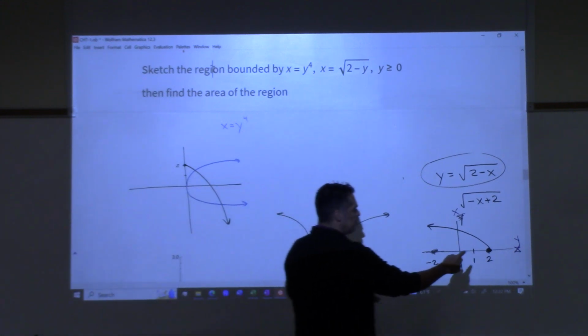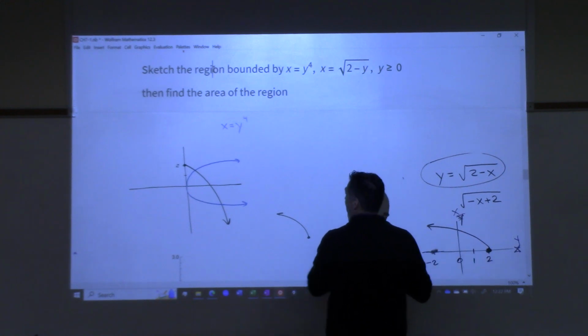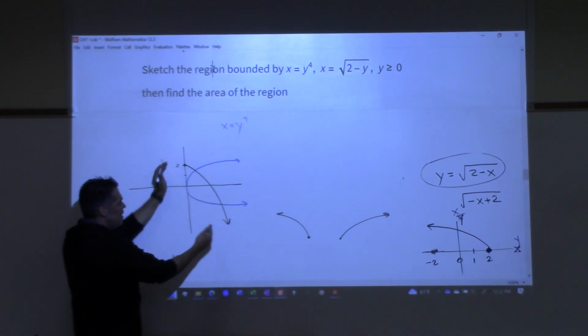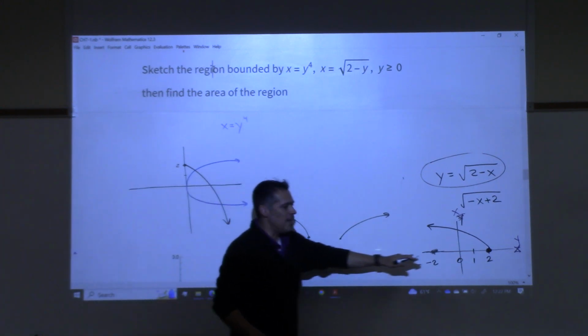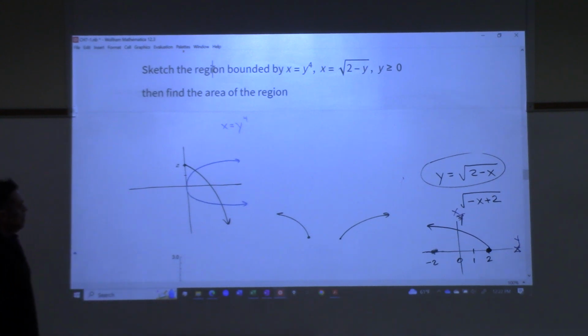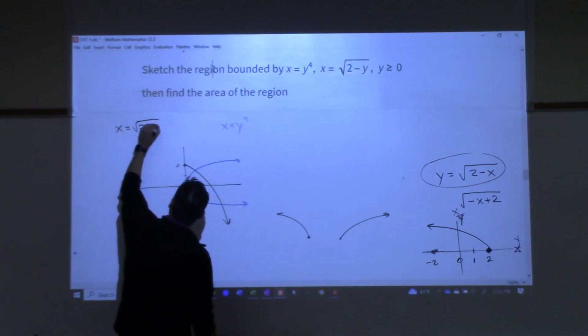Right, this is your y. We're switching our x and y. So the y values start at positive 2 and then they go towards negatives. The x values are positive. That is x equals the square root of 2 minus y.